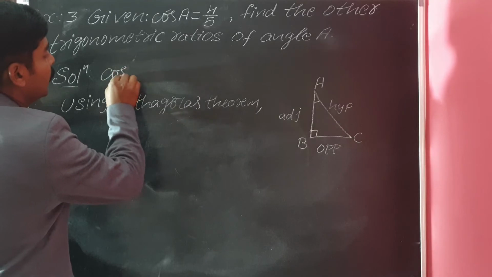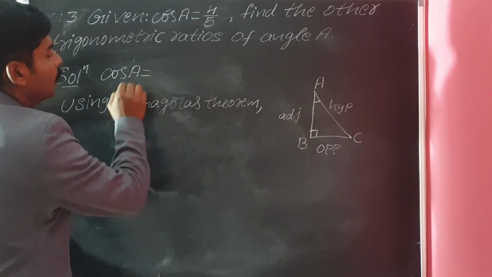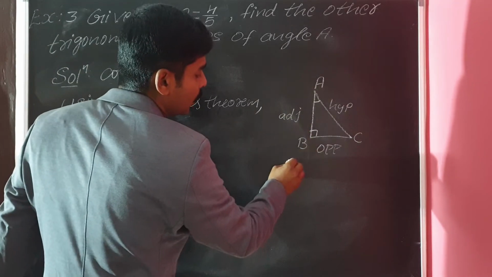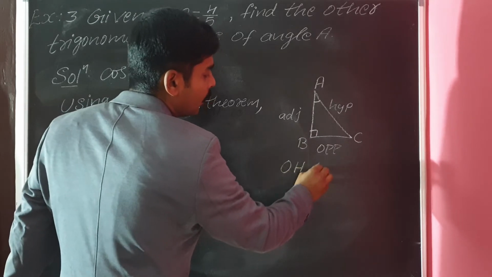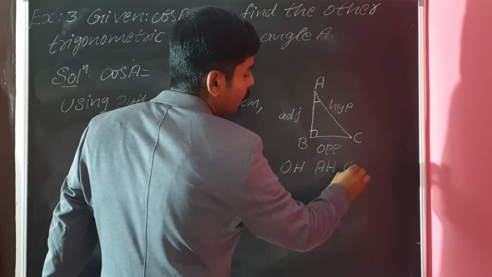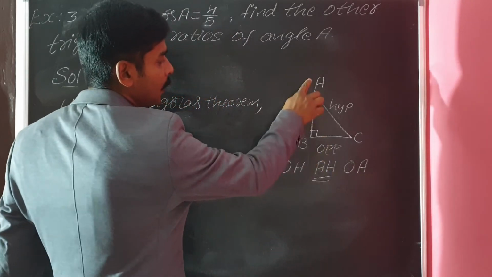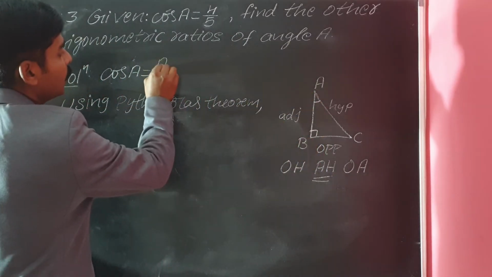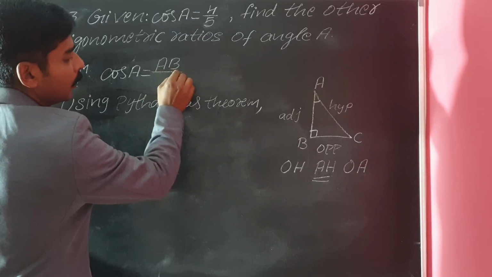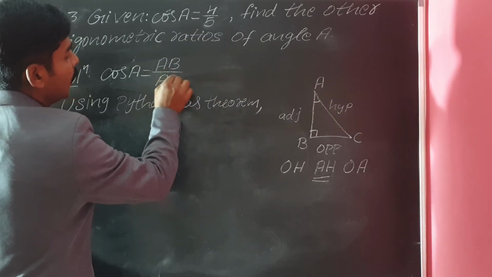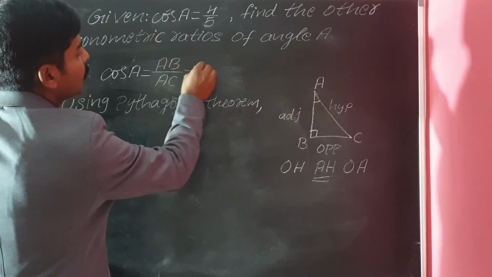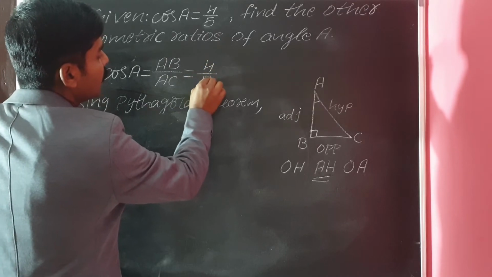Cos A. Cos A is what? Always remember, it is "Old Horse": cos is adjacent by hypotenuse. Adjacent side is AB and hypotenuse is AC. And it is given that cos A is equal to 4 by 5.